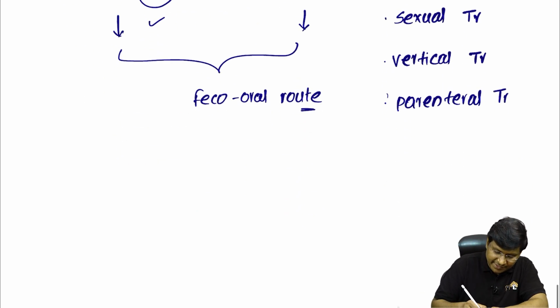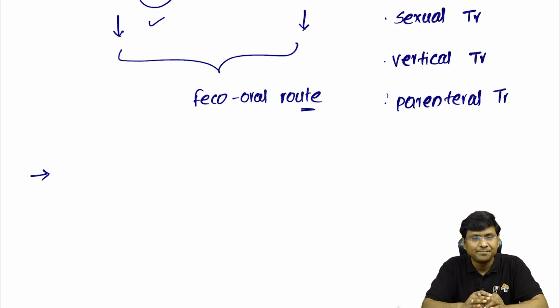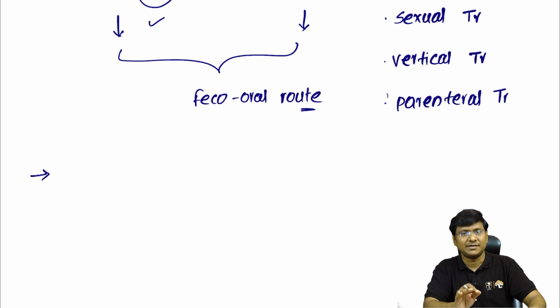If you take hepatitis B, you have acute viral hepatitis B and then chronic viral hepatitis B. Acute viral hepatitis is where the individual will develop fever, fatigue, and there can even be jaundice.